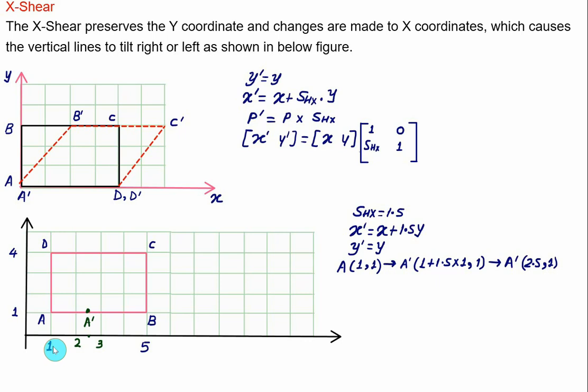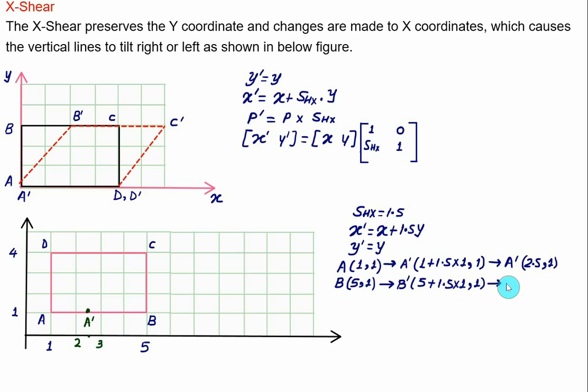Similarly, we can calculate the position of B. Right now the original coordinate of point B is 5 comma 1. So we'll get B' where x' is equal to x plus 1.5y. We have x equal to 5 plus 1.5 multiplied by 1, and y' will not change, it is equal to 1.